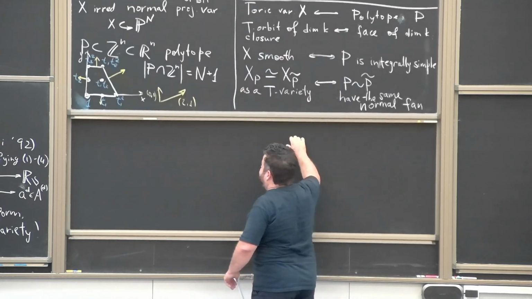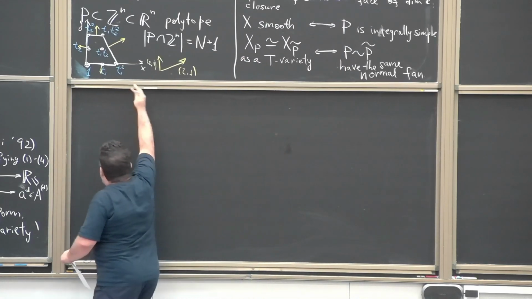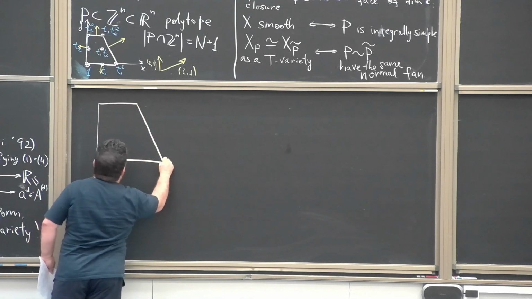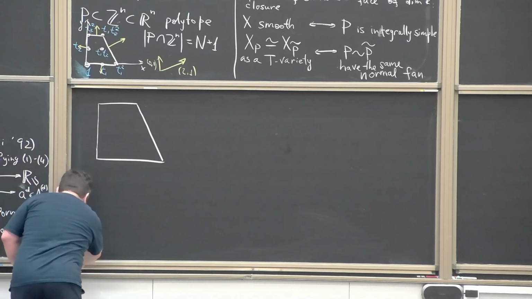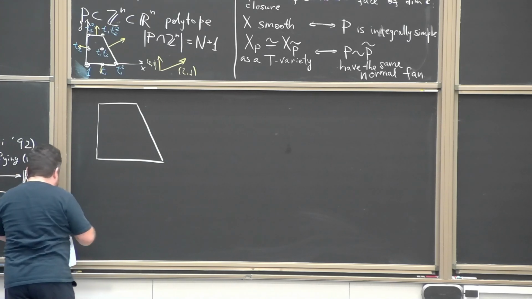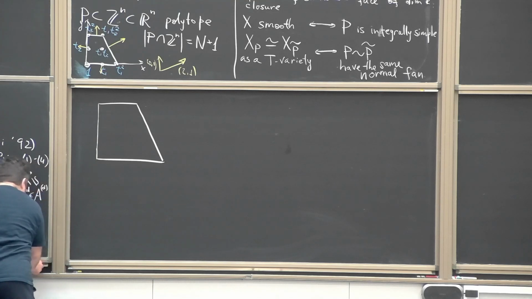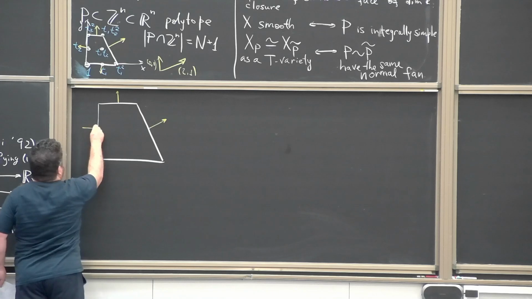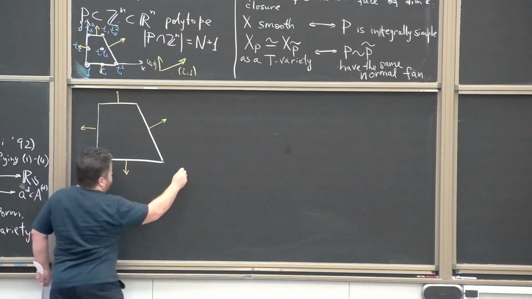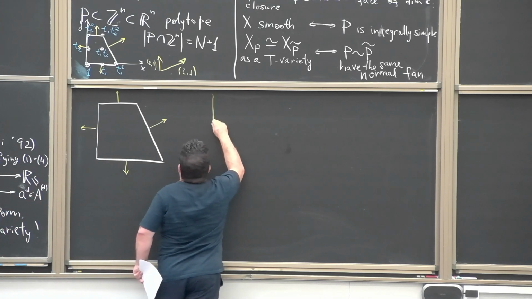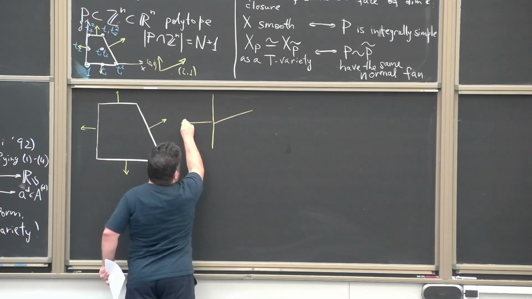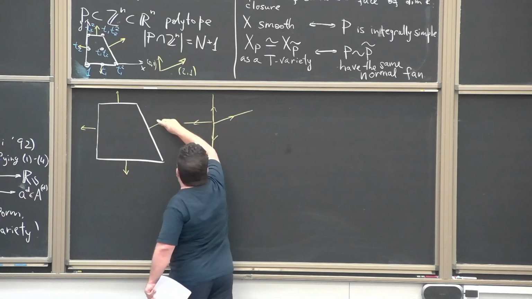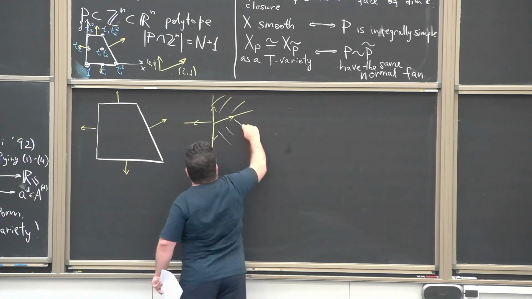So what is a normal fan? I basically wrote it here. Let me draw this picture again, and let me draw a larger picture. For each face I can consider the primitive normal vector. So this gives me a fan, and this vertex corresponds to that cone.